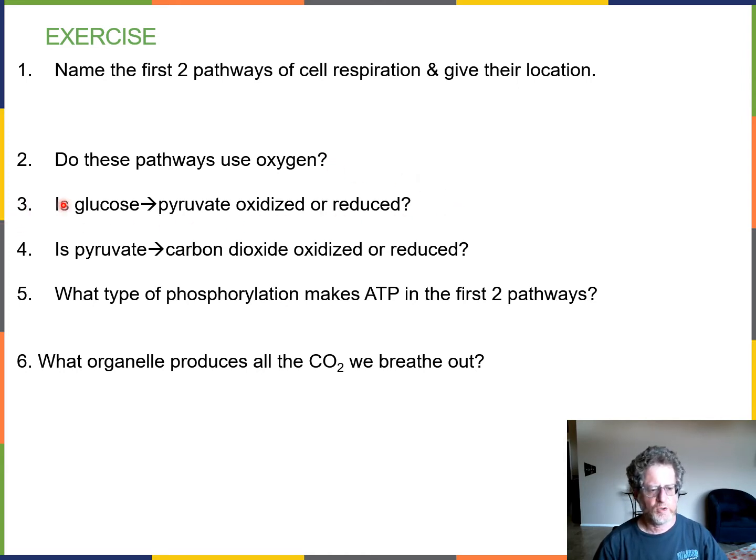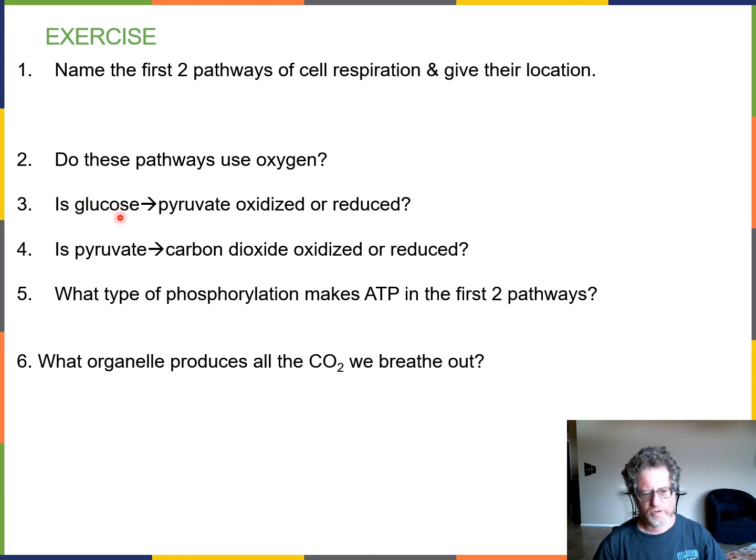Number 3, when glucose is converted to pyruvate, is it being oxidized or reduced? Okay, the glucose is being oxidized, it's losing electrons, and if you look, you'll see that the glucose is losing hydrogen atoms, and those hydrogen atoms are the available electrons. And where are they being transferred?